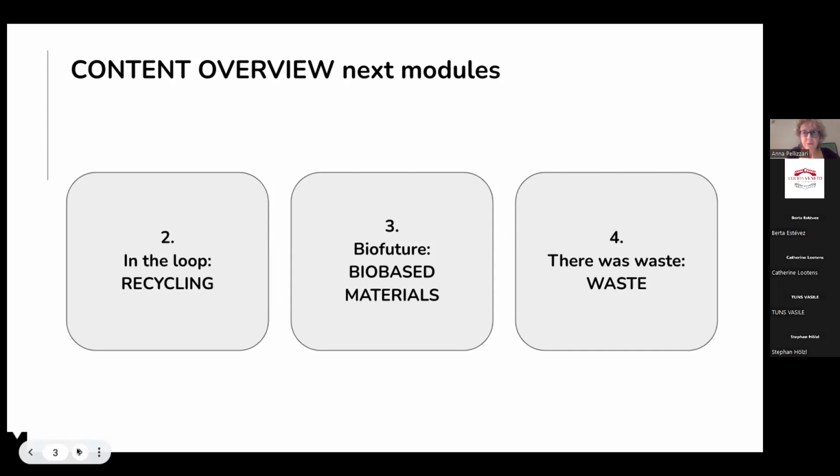So don't worry, we will be much more practical and talk more about tangible materials with examples in the next 3 modules, which concern recycling, bio-based materials, and the 4th, which concerns waste. So waste in terms of potential resource and also in terms of waste management, what to do out of a company's waste.